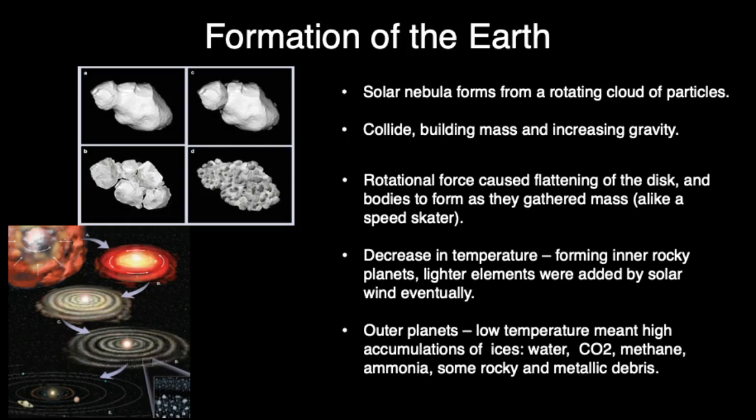So near this protosun, the temperatures were very high due to the gravitational energy of the infalling matter, so the matter that was coming closer to it. So the temperatures were high enough for dust grains to actually evaporate. However, far away from the center, the temperatures remained super low, at about negative 200 degrees Celsius.